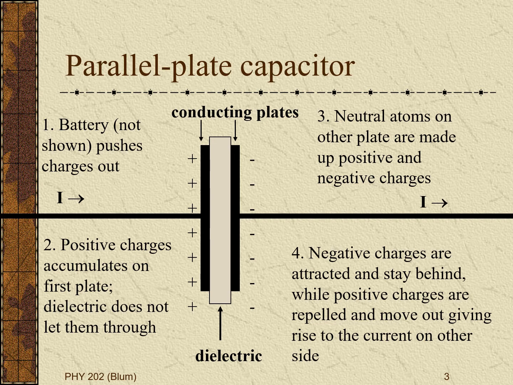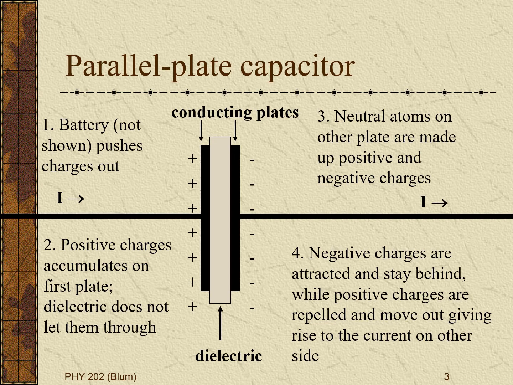So the first conducting plate gets a charge on it. It used to be neutral, but now it has a set of positive charges. We're going to take the convention that positive charges are what are moving around. So now we have positive charges accumulating on the first plate, and they accumulate there because the dielectric, being an insulator, does not let them through.